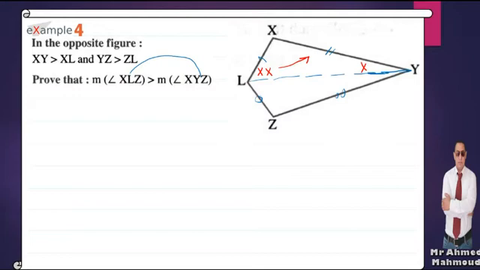Down here we have YZ greater than LZ, then angle L greater than angle Y. By adding the two angles here, big plus big, and the two angles here, small plus small, we get that angle L greater than angle Y.